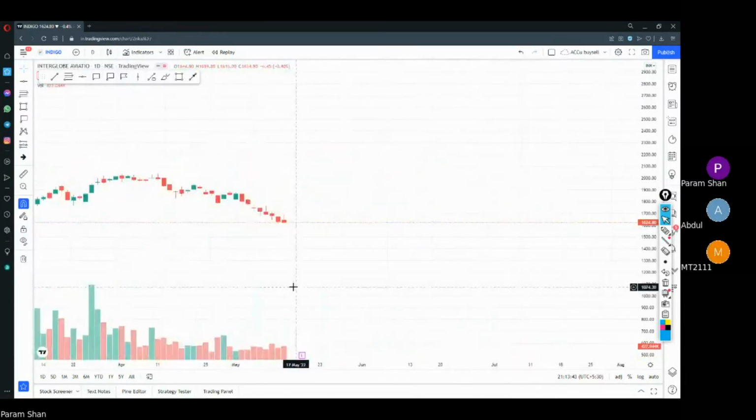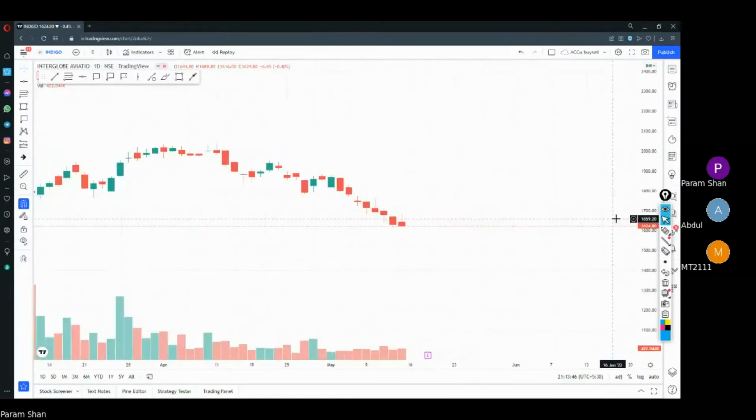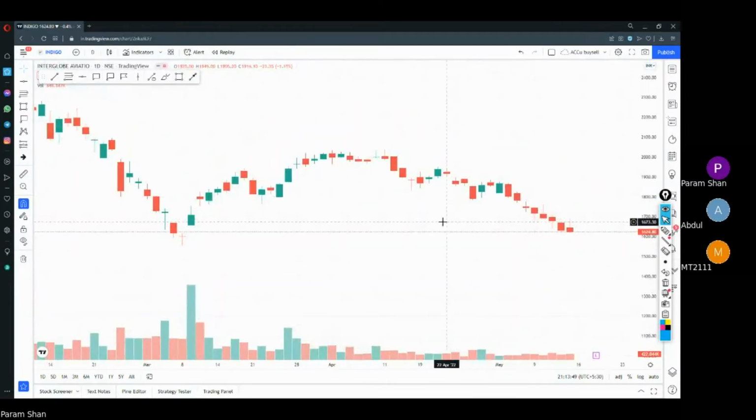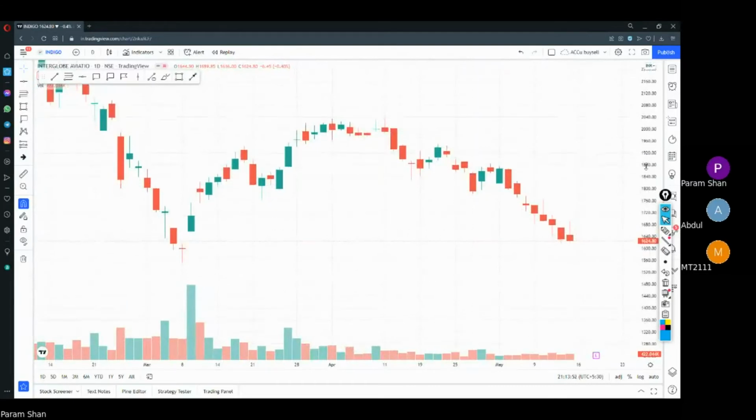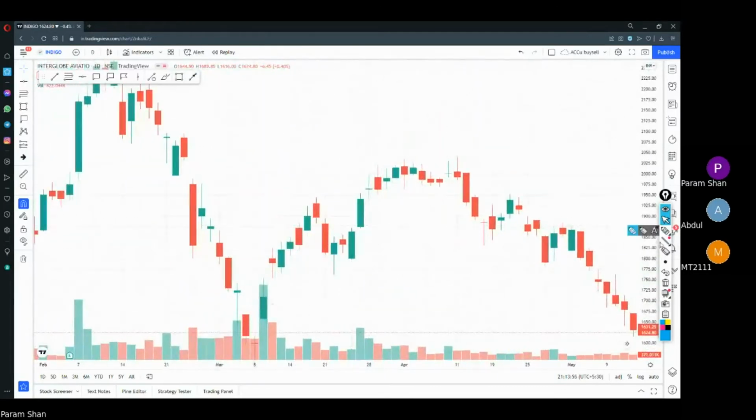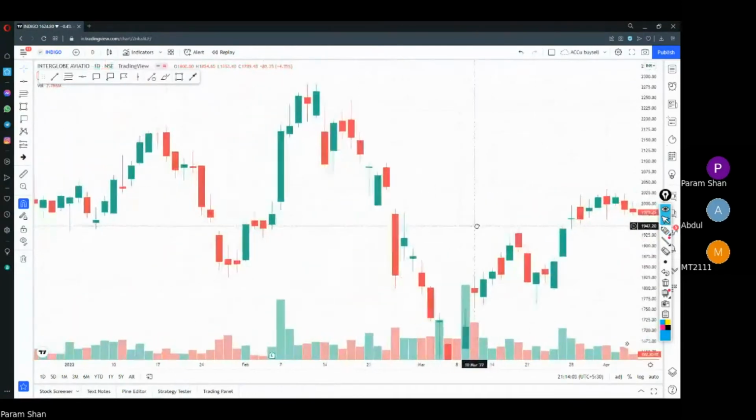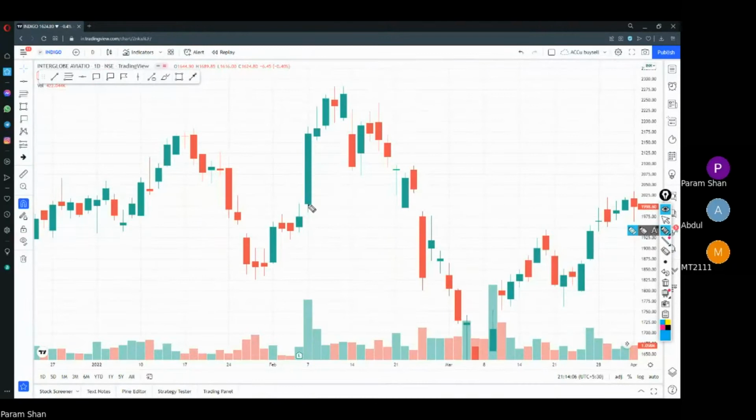Let me quickly talk about one important thing before we understand support and resistance further. If there is a green candle, this place is open, this place is low, this place is high, and this is close. It means that for this particular candle, when the market started, this is the price it started at.